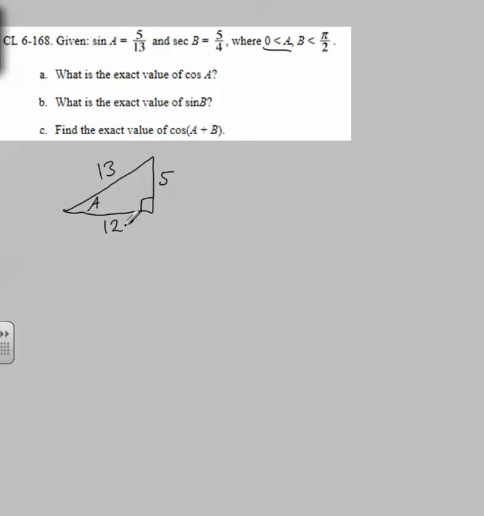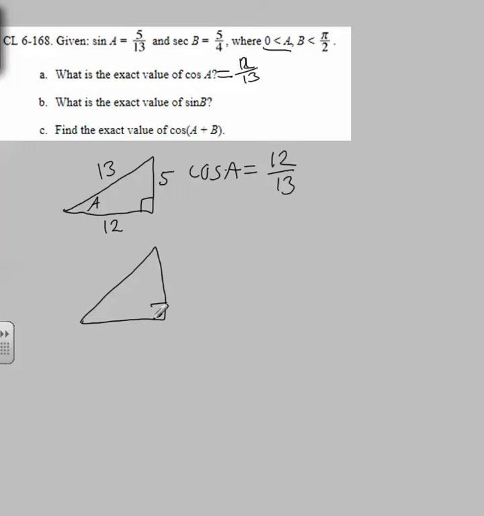And this is great because then I can find the cosine of A, what we want right here. Cosine of angle A would be adjacent over hypotenuse, which is 12 over 13. And for part B, what is the exact value of the sine of B? So B is a different angle. We are told that B is less than pi over 2. Pi over 2 is up here, so I'm thinking again it's in quadrant 1.